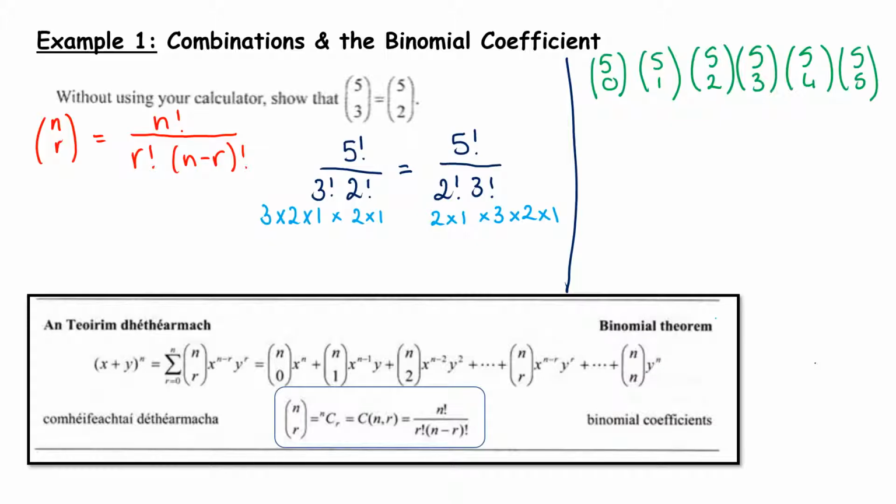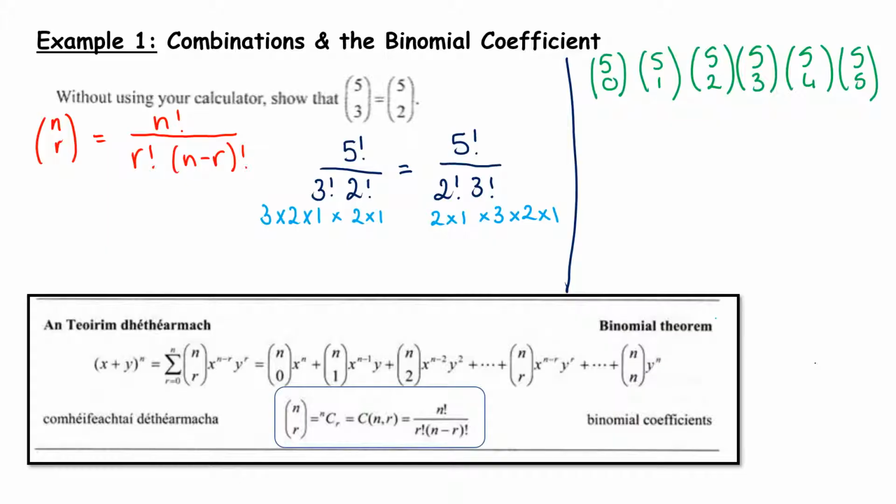I can't choose a negative number, because if I have 5 things, I can't choose negative one of them. So the smallest I could do is if I have 5 things and I don't choose any, so I choose 0. The biggest number I could choose is 5. So there are 6 things that I could do if I have 5 objects. So I have 5 choose 0, 5 choose 1, 5 choose 2, and so on.